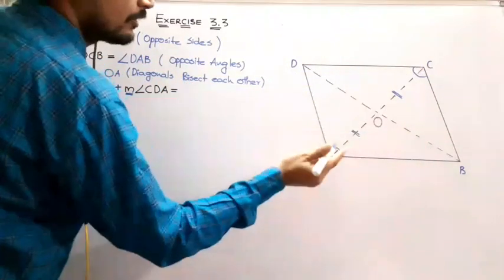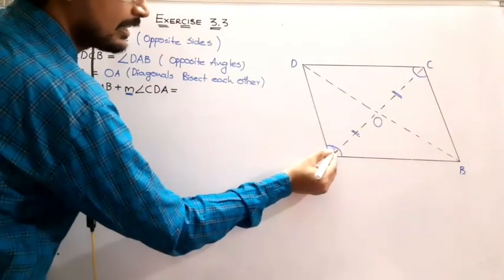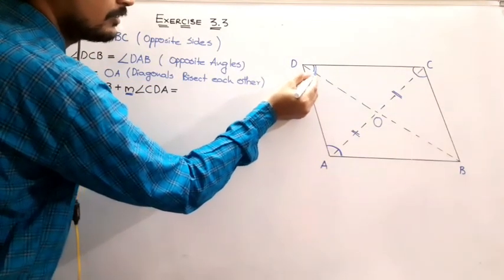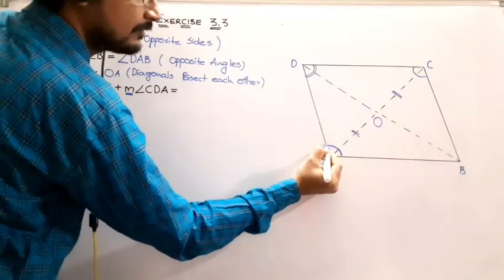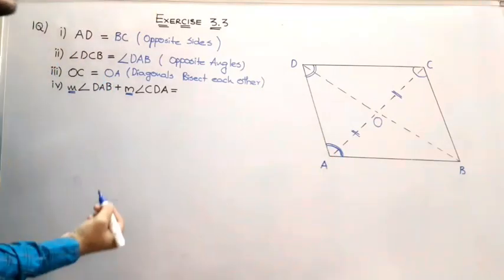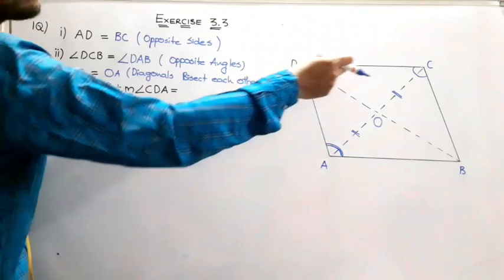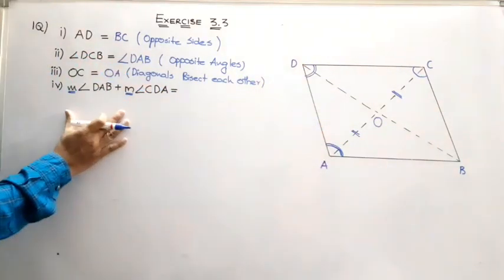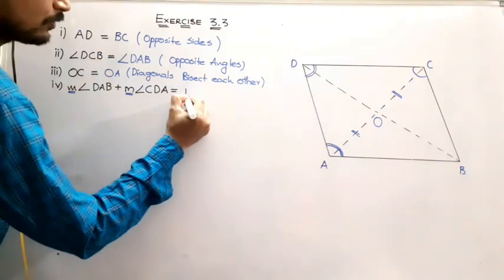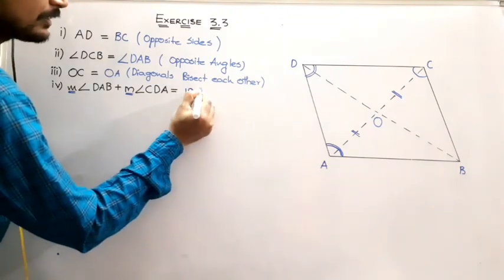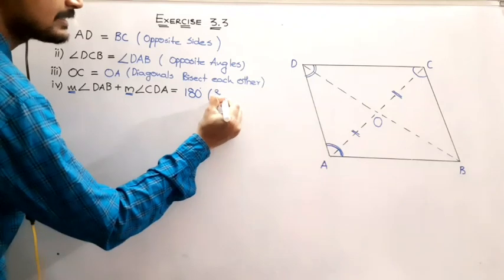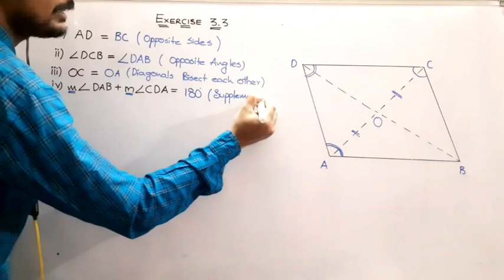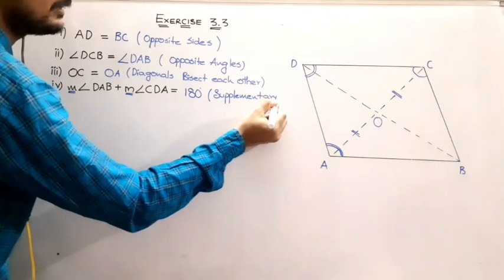Look, okay, DAB means this angle, CDA means this angle. Okay, just for your clear understanding, I am writing like this. Okay, so measure of angle CDA and DAB is equal to how much they are asking. We already know it is 180 degrees because they together form a supplementary angle. Okay, supplementary angle.